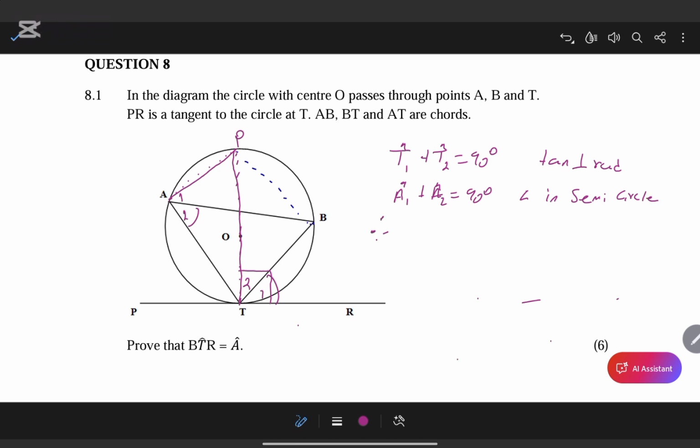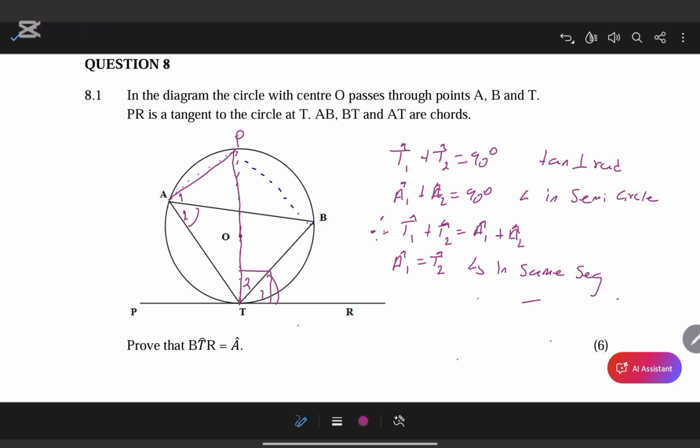Therefore, angle T1 plus T2 is equals to angle A1 plus angle A2. Why? Because they both equal 90 degrees. But what do we know? We know that angle A1 is equals to angle T2. These are angles in the same segment of the circle.